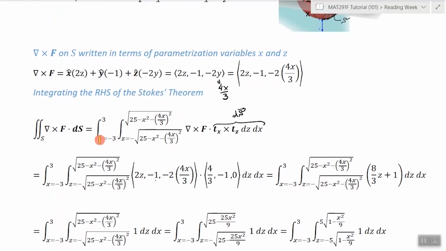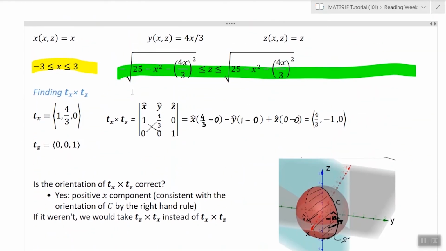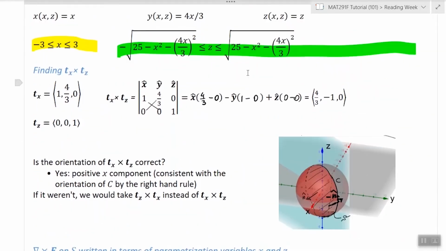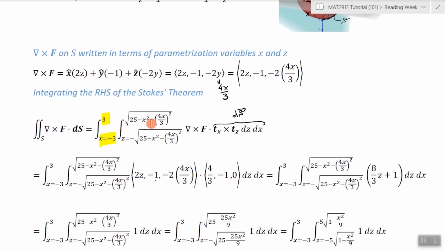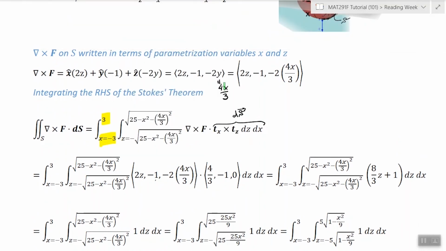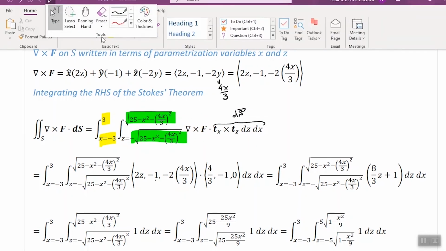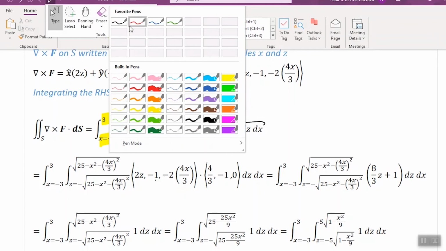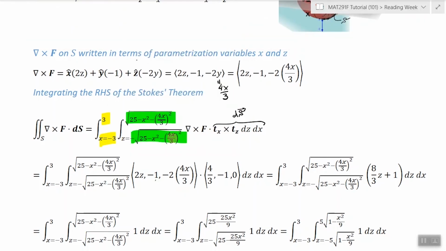This is the bound on x from -3 to 3. And then this green bound that I showed you before, I copied it over here. And then here we have our curl of F. You notice in the previous portion of the video, it had said F, but the correct version should say curl of F.